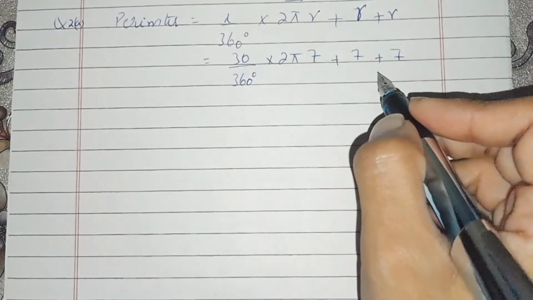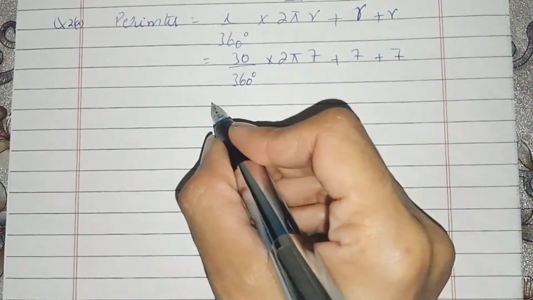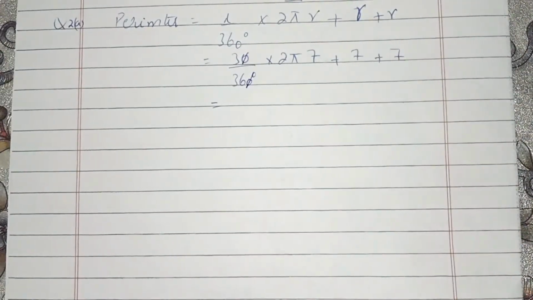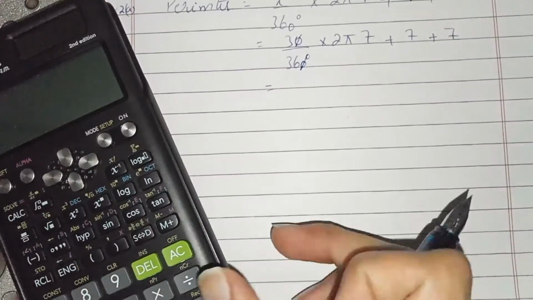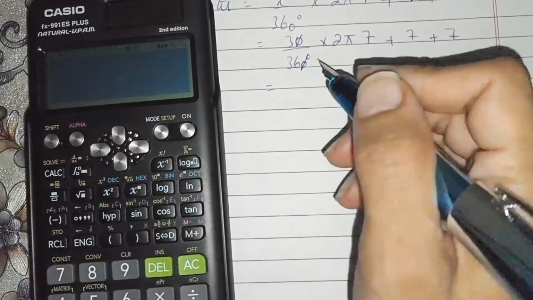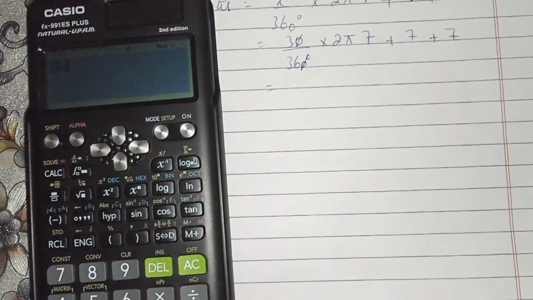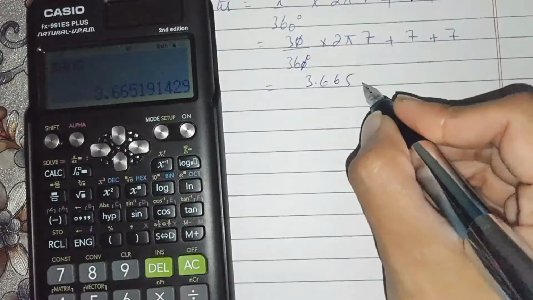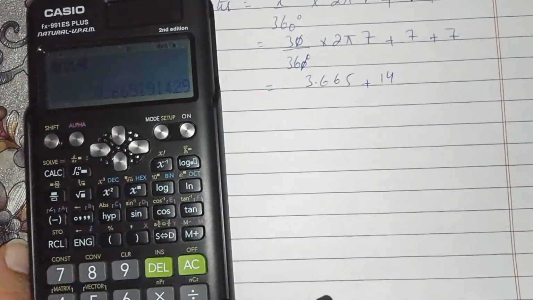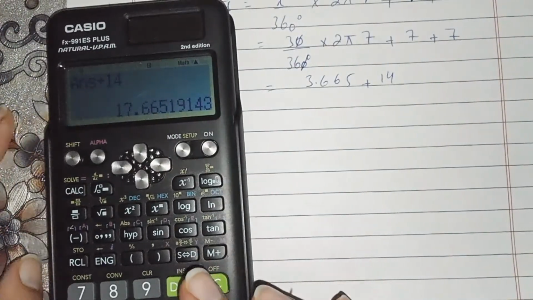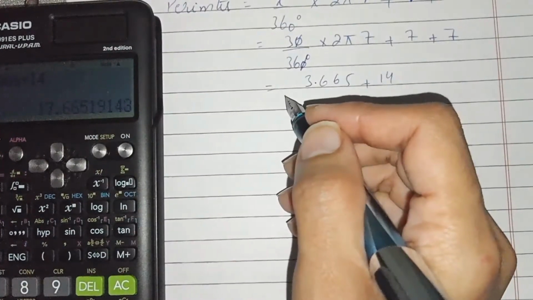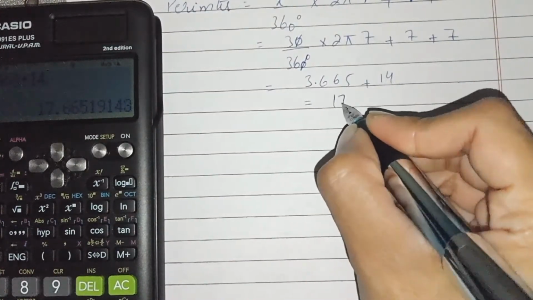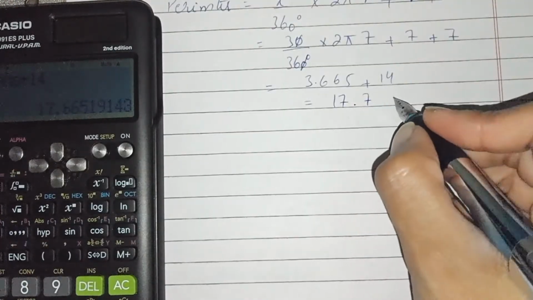Zero cancels with zero, very simple calculations. 3 times 2 times 7 divided by 36 and multiplied by pi, and we get 3.665 plus 7 plus 7, 14 plus 14, and we get 17.6. By rounding off you can write 17.7 centimeter.